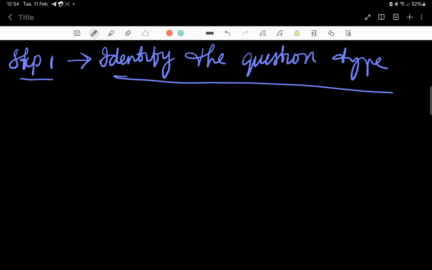It's the most important. When coming to step 2, you need to take an answer choice and reverse its structure.